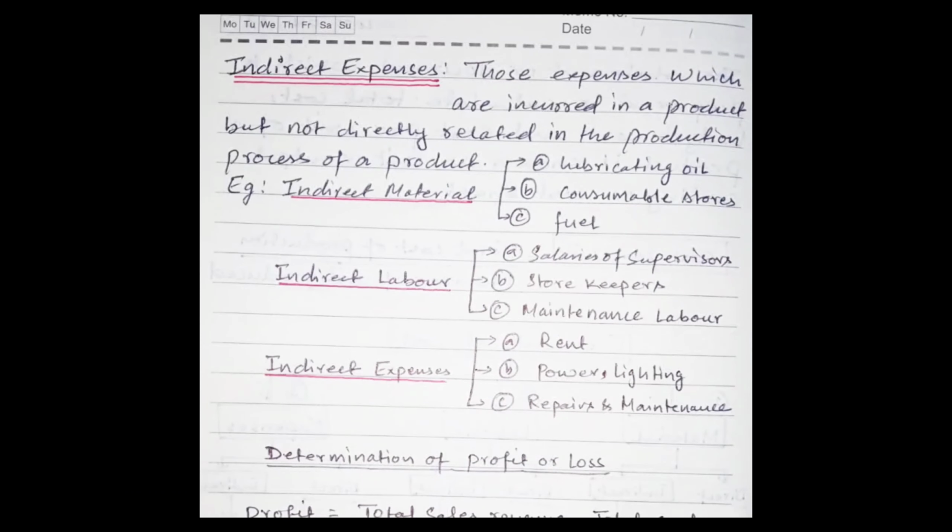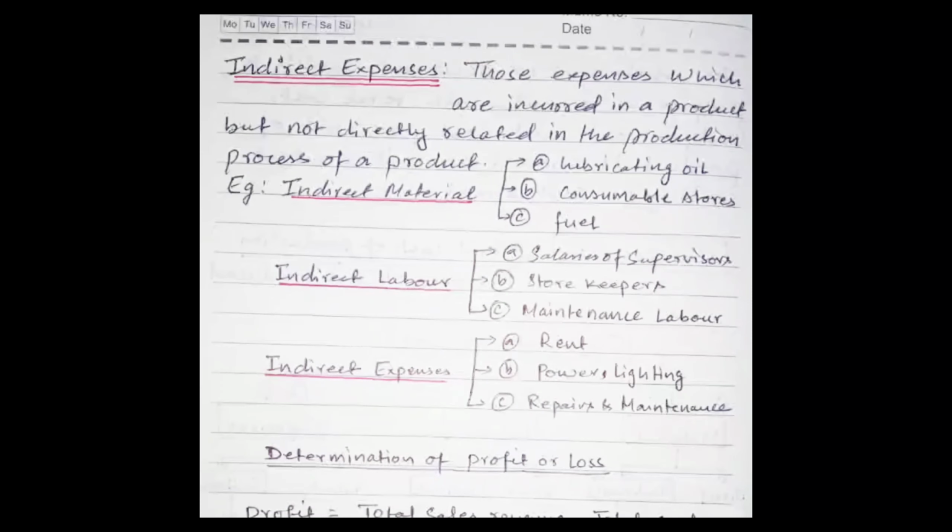For example, lubricating oil, salesmen supervision, salaries of salesmen, supervisors, rent, power, lighting, and so on. So here we have indirect material, indirect labor, and indirect expenses.